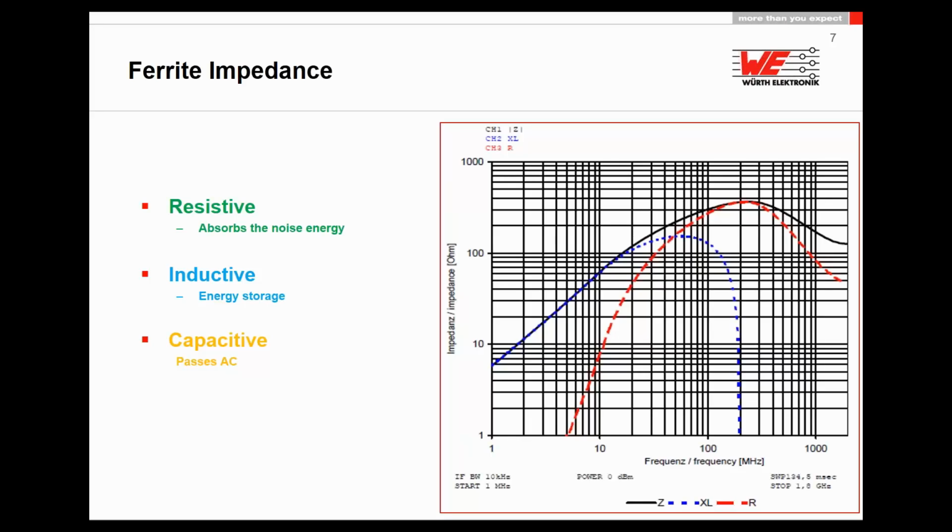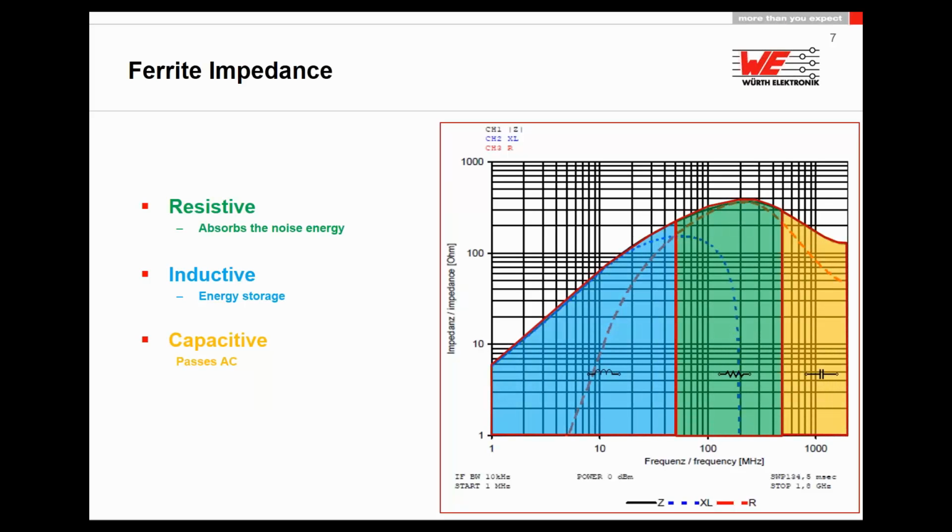Now if you look in the data sheet of the ferrite beads, you will see different curves like XL, R and Z. Actually there are three different areas. One is the inductive area, where there are not so many losses, it is more reflecting, that kind of reactance.